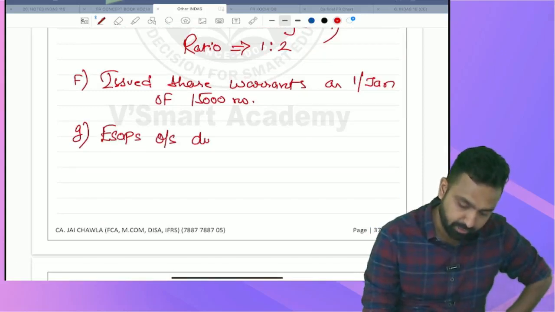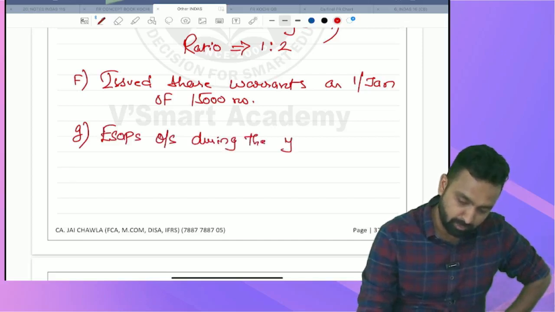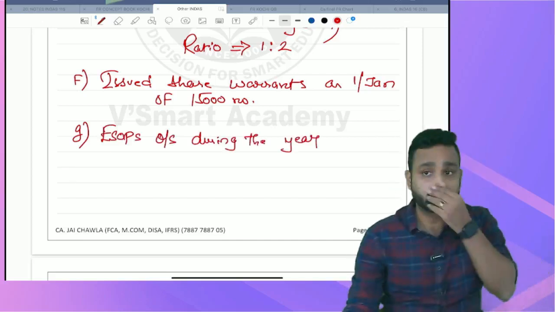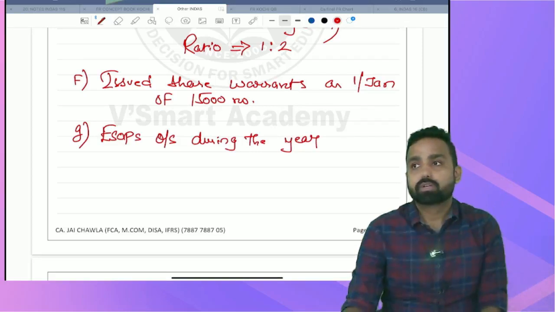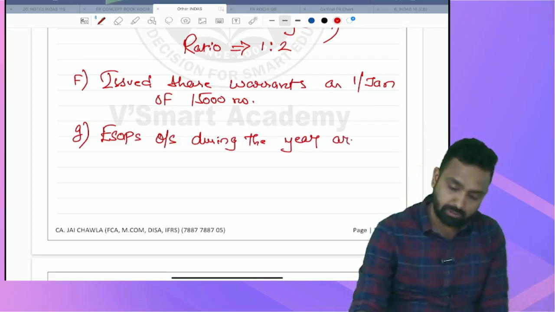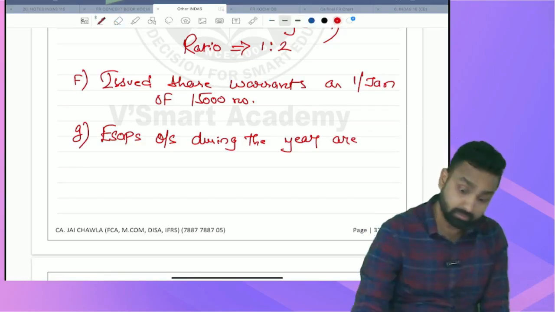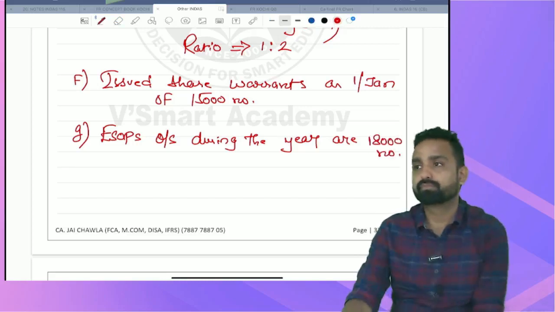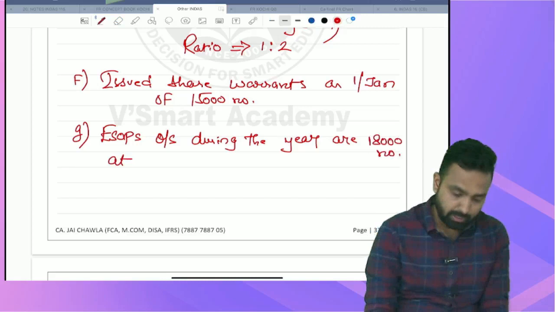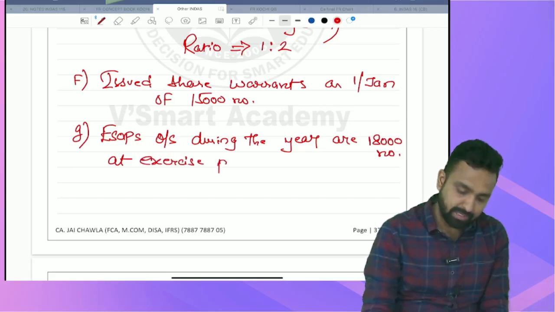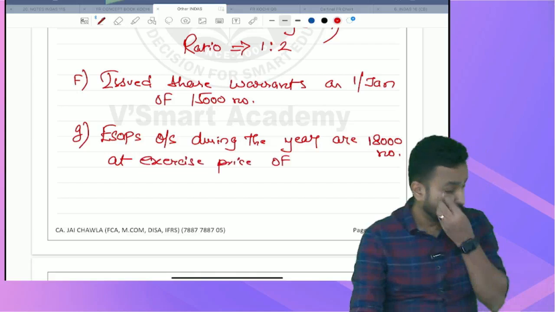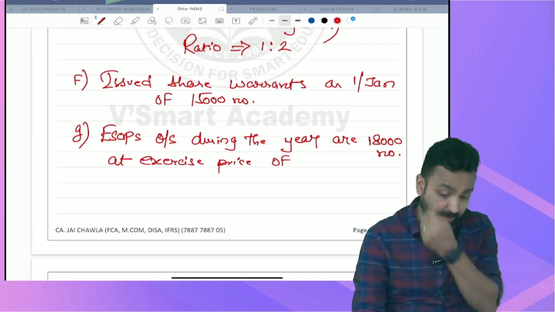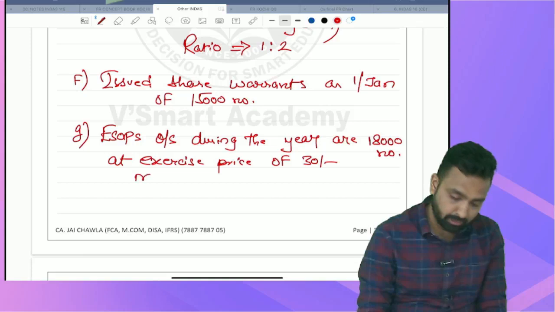ESOPs outstanding during the year are 80,000, 18,000 numbers, at exercise price of 30.